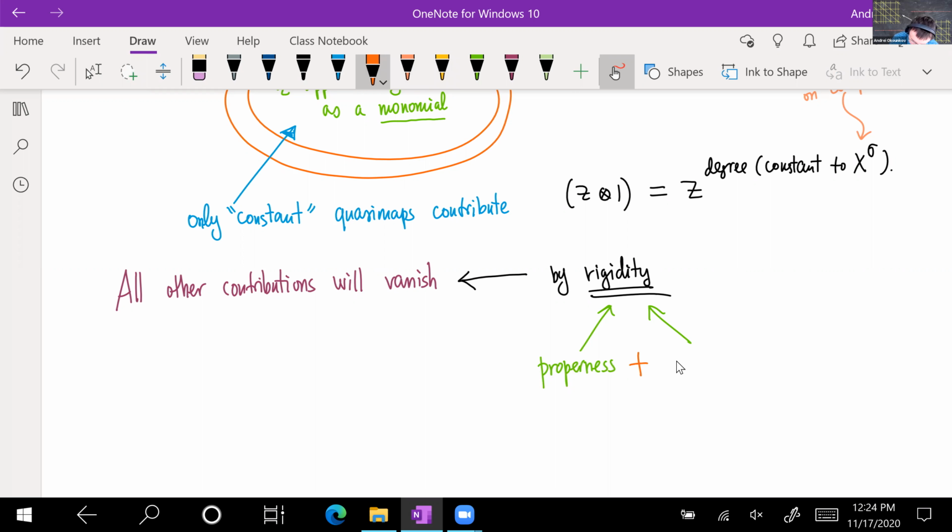Plus you need to bound the weight. And of course, the minuscule condition sounds like a condition about the weight, but it also will play a role here.